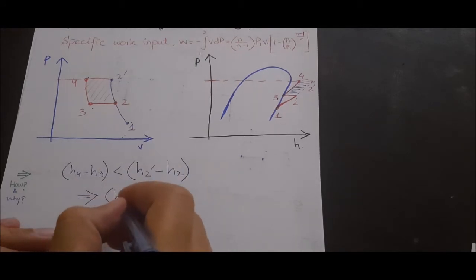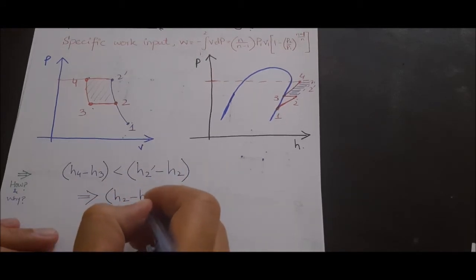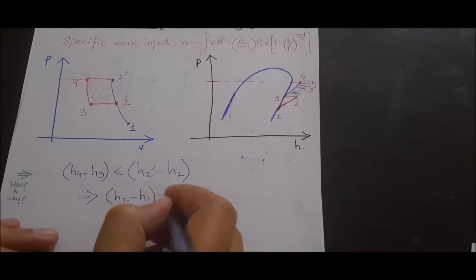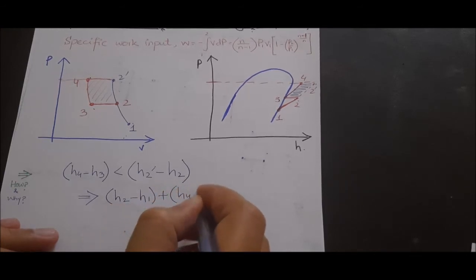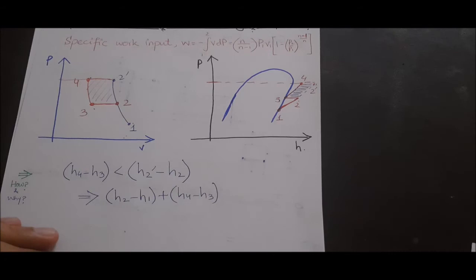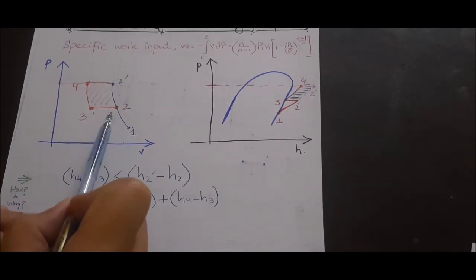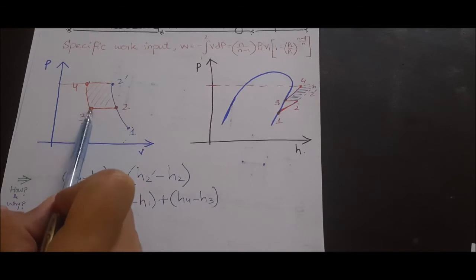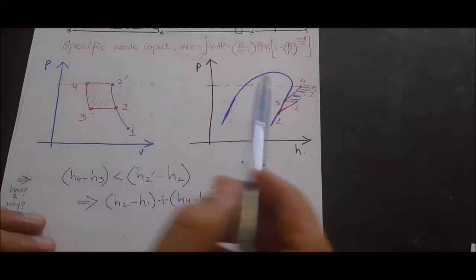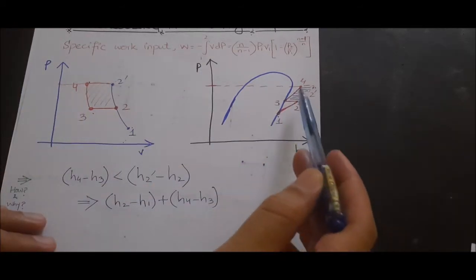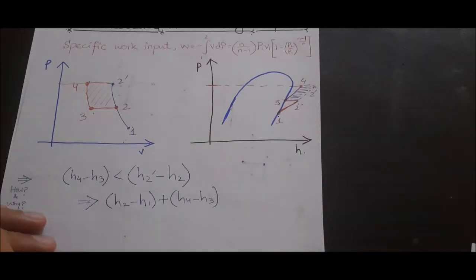H2 minus H1 plus H4 minus H3, because there are two compressors involved. One, compression from 1 to 2, then there is an intercooling, and then compression from 3 to 4. So there are two types of compressions.